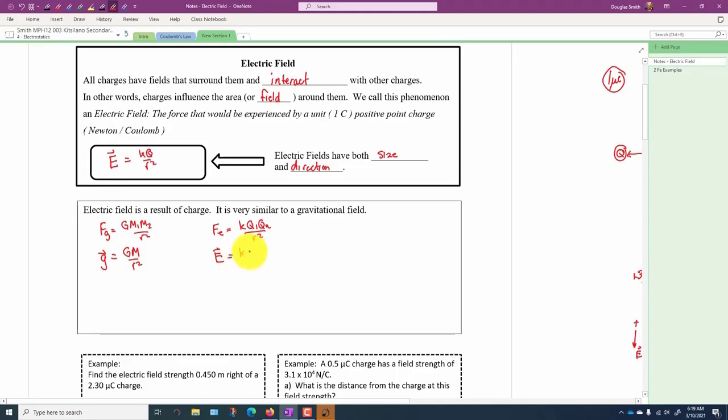Electric fields, it's K, so instead of an M, it's a Q, and R squared. The big difference between electric fields and gravitational fields is gravity is always attractive, but electric field can attract or repel. So that's interesting.